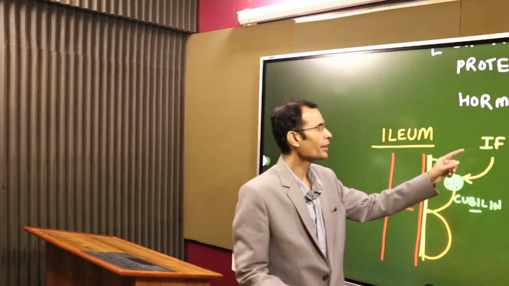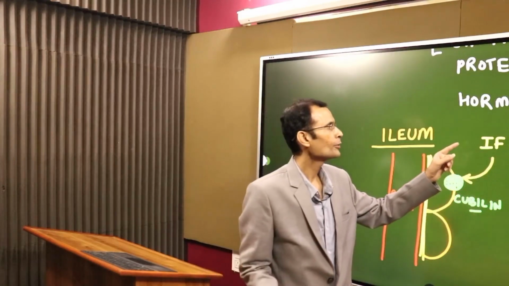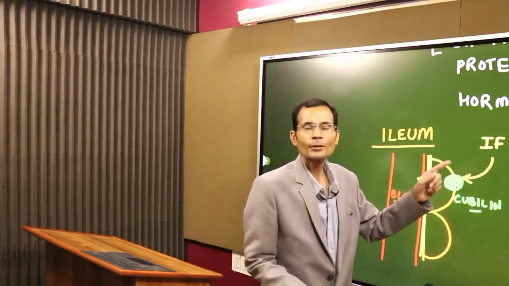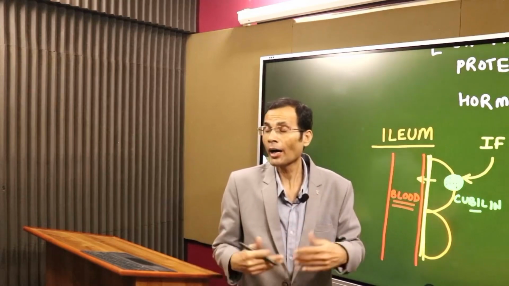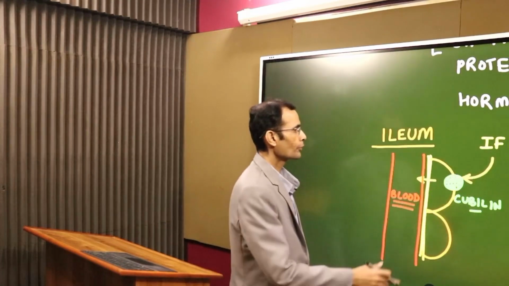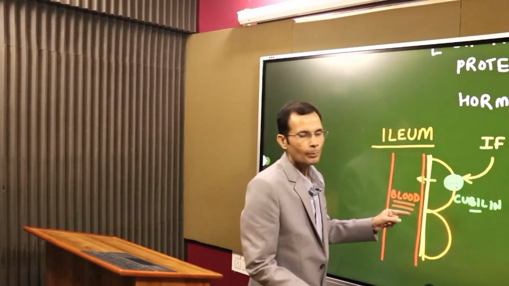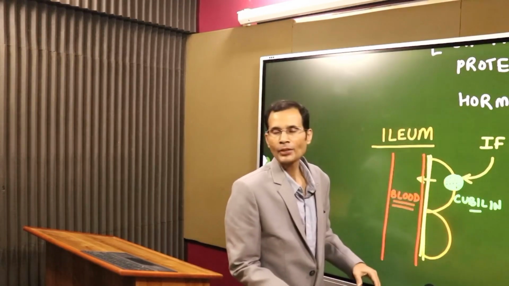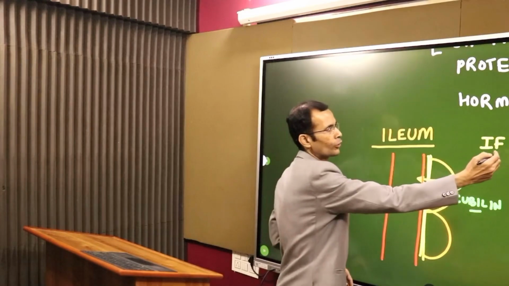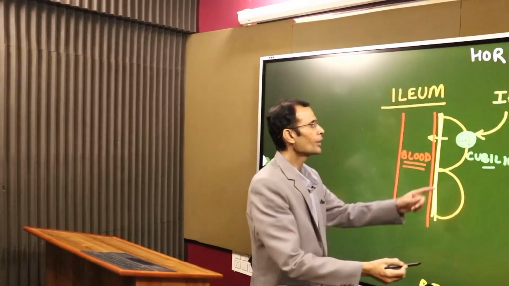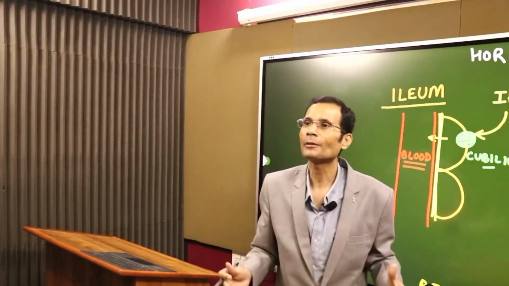Cubilin is involved in the absorption of intrinsic factor and vitamin B12 complex. It means it is required for the absorption of B12 from the ileum. And as we saw, it's present in the membrane, and it's going to cause endocytosis of this entire complex, and eventually the vitamin B12 will be absorbed into the blood.